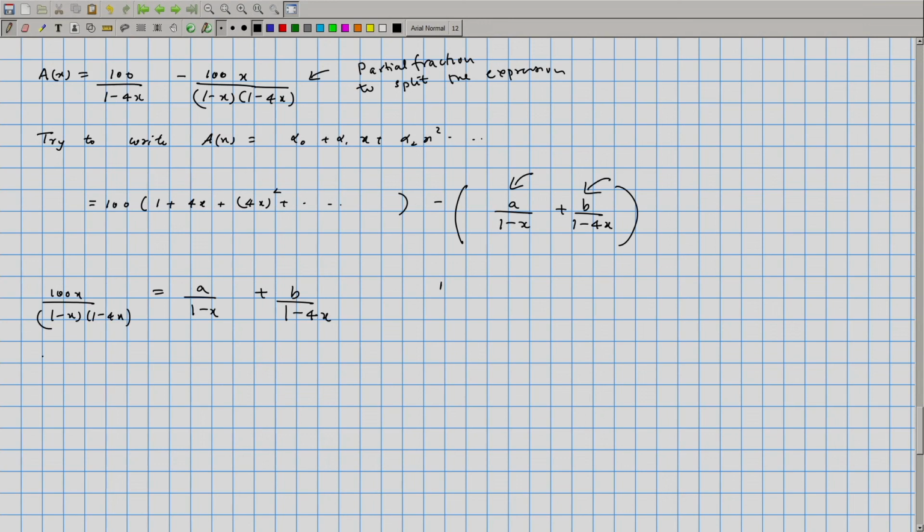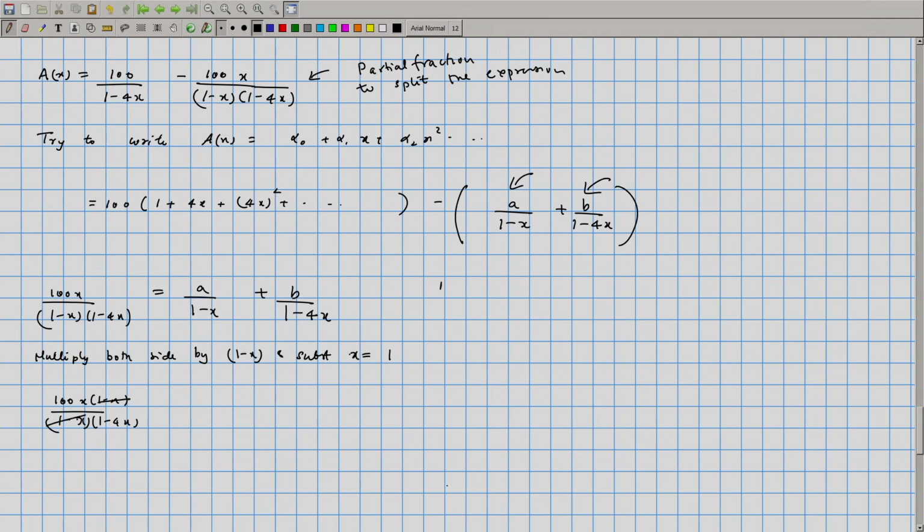We can multiply both sides by 1 minus x and substitute x equal to 1. Now, that will give the value of a. So, when you multiply that, the left hand side will be 100 x into 1 minus x by 1 minus x into 1 minus 4 x, these get cancelled.